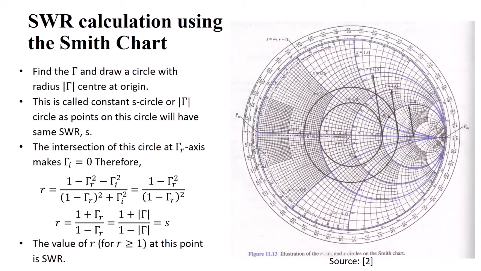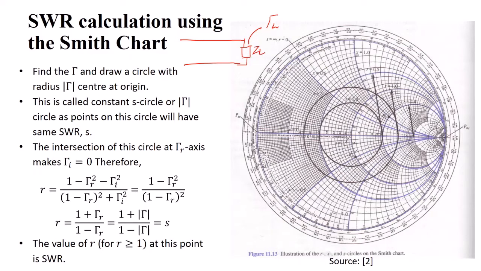Now further, we have to understand how you can find the standing wave ratios. For example, if you have a transmission line here, first of all you will find the reflection coefficient at this point due to ZL.